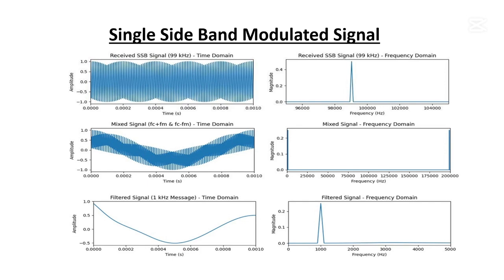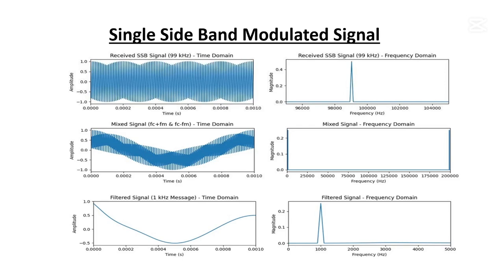100 kilohertz, so 199 kilohertz will be the upper sideband, and the lower sideband can be obtained by subtracting 100 kilohertz minus 99 kilohertz. So it will be 1 kilohertz. So this is our lower sideband, the upper sideband as well as the lower sideband.